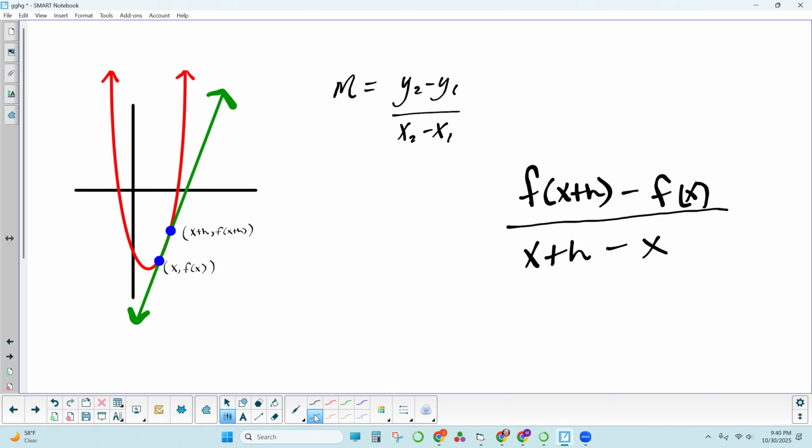If you look down here in the denominator, you can see that x cancels, and I'm left with the difference quotient. So that's how that's derived.